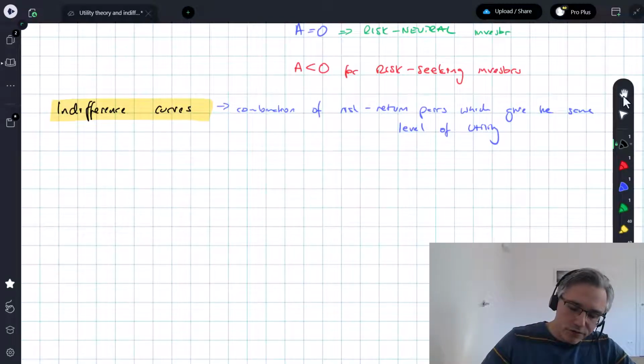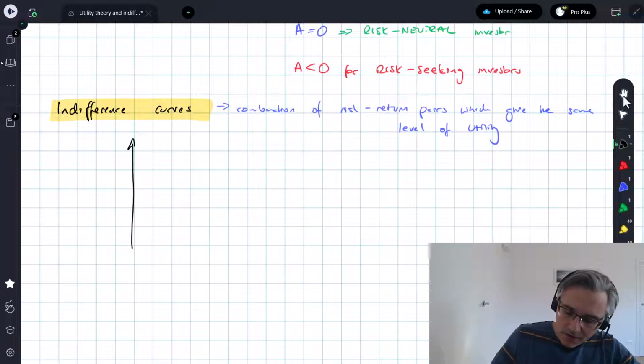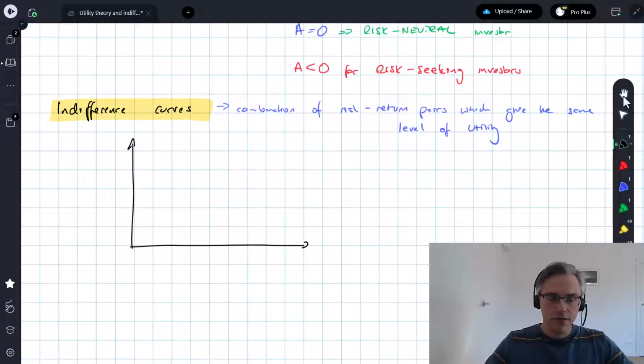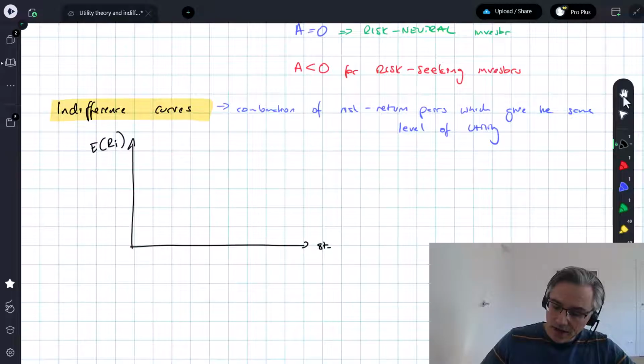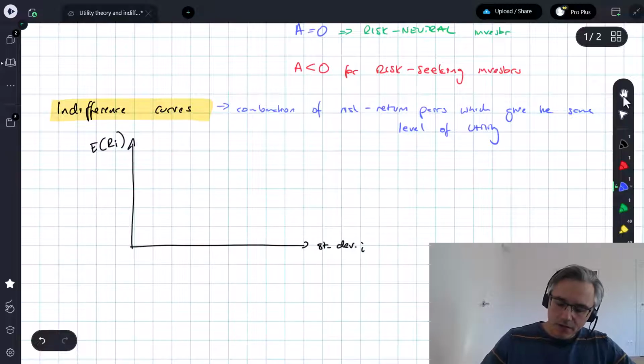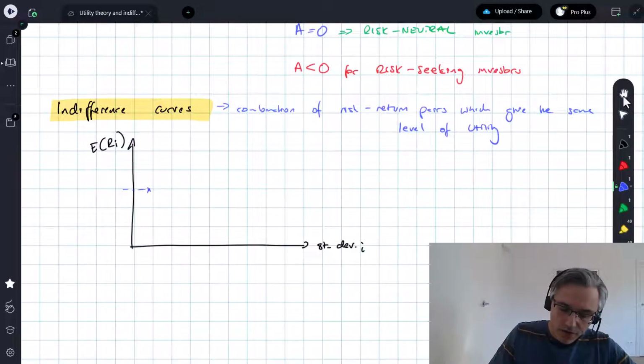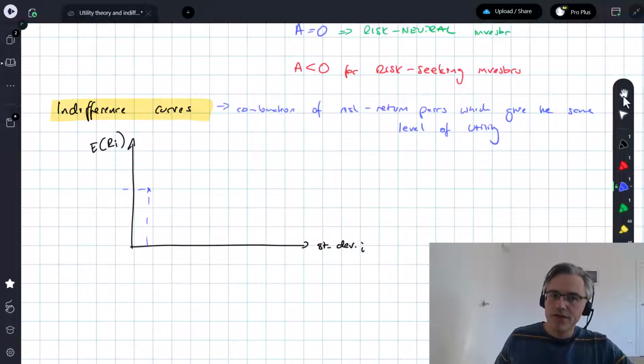So the way we draw indifference curves is typically we take the classic graphical expression where on the one hand you're going to have expected return on investment, and here the standard deviation for that specific investment. And the question is, how can you find combinations of return and risk with the same level of utility?